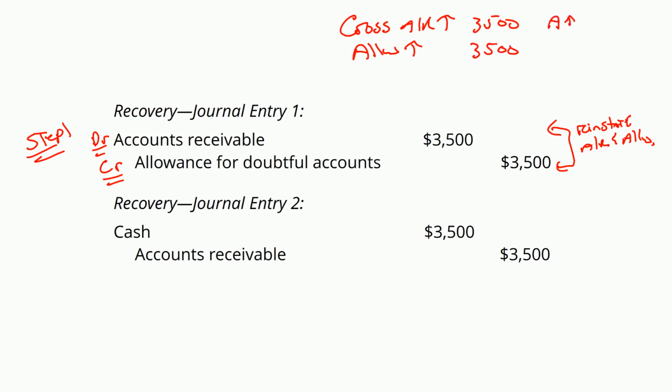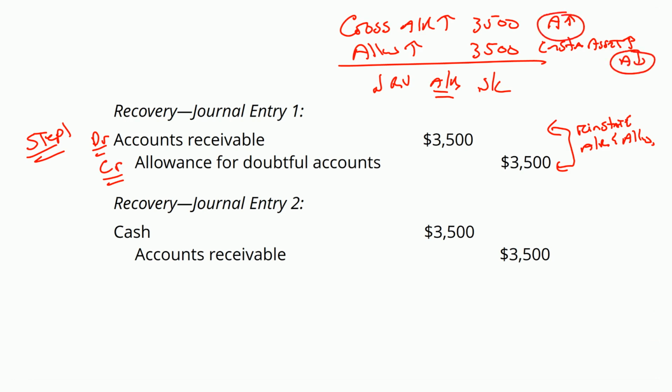An asset went up, and a contra asset went up. Thus, the net realizable value of our accounts receivable, no change. They cancel each other out. When a contra asset goes up, assets go right back down.